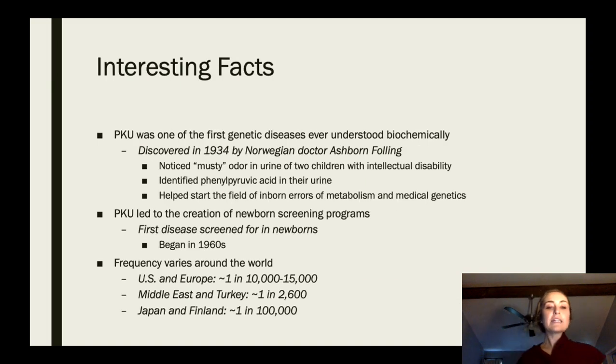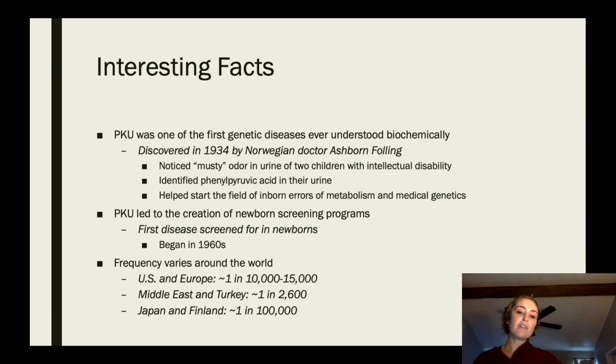So, interesting facts. PKU is actually one of the first genetic diseases ever understood biochemically. It was discovered in 1934 by Norwegian Dr. Asbjørn Følling. He had two children that he noticed had a musty smell, tested their urine, and identified phenylpyruvic acid in their urine.